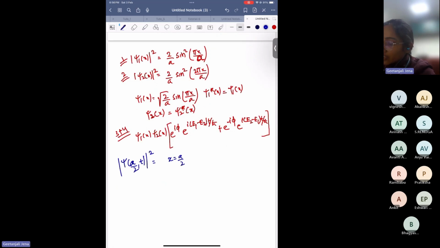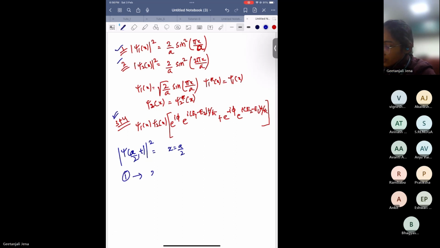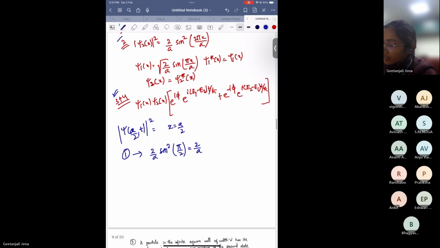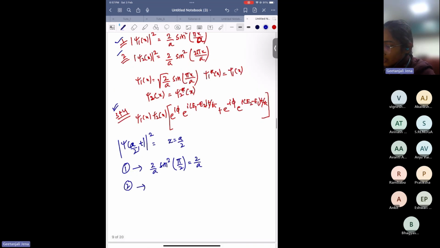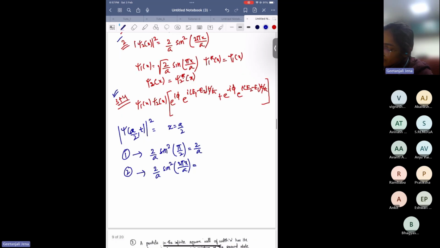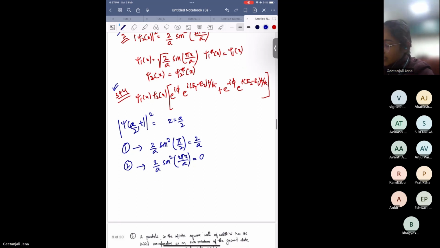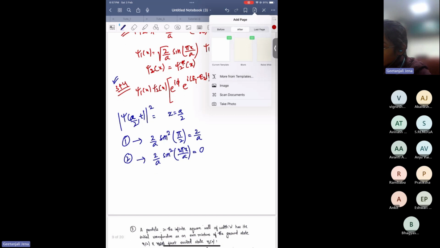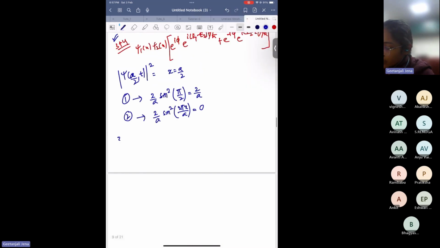Now put x equal to a by 2 in the first term, second term, and third and fourth term. So the first term will give 2 by a sine square of pi by 2, so this will give 2 by a, right? The second term is 2 by a sine square 2 pi x by a. So with x equal to a by 2, this will give 0 because it becomes sine pi.